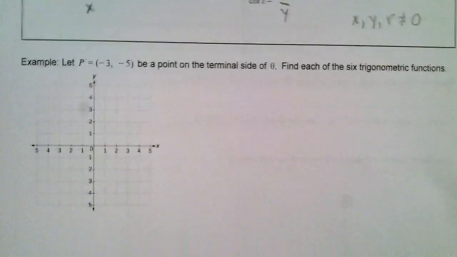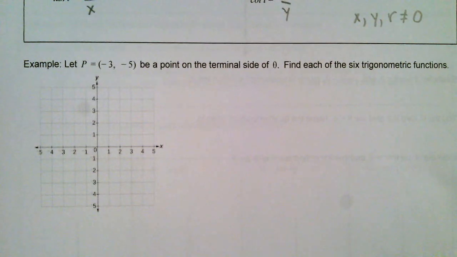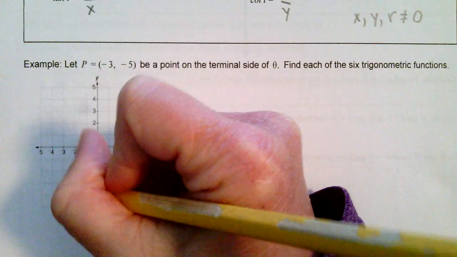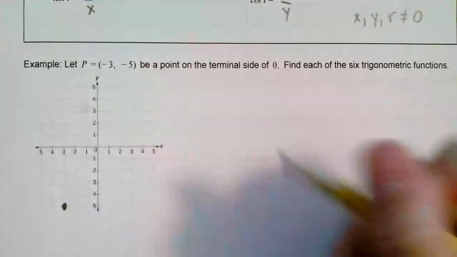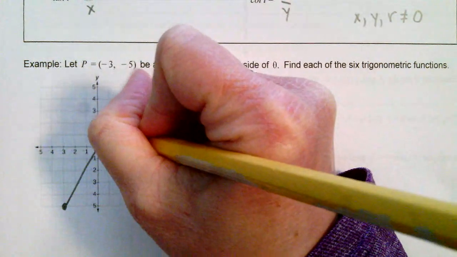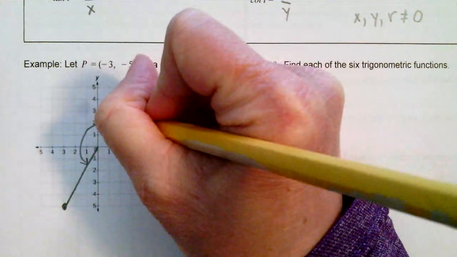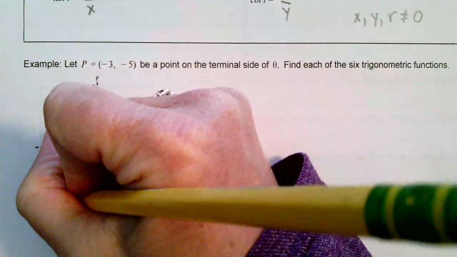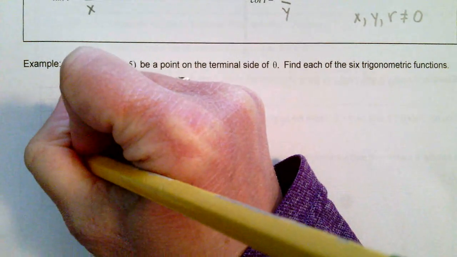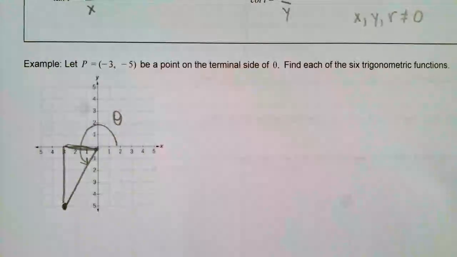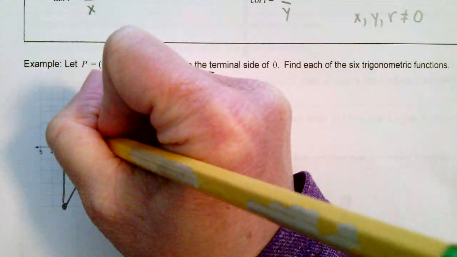So let's look at our first example. We want to let the point P be (-3, -5), and it's on the terminal side of theta. First I'm going to plot (-3, -5). This is my theta. If we look at this, we have a right triangle. This side is -3.